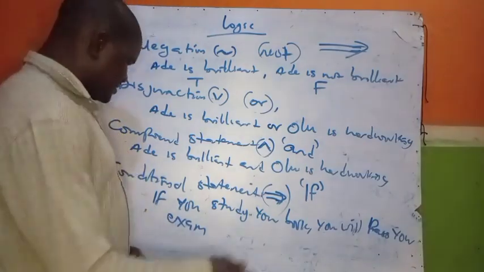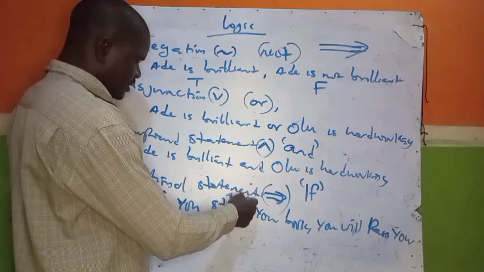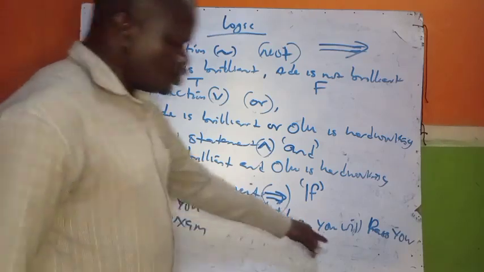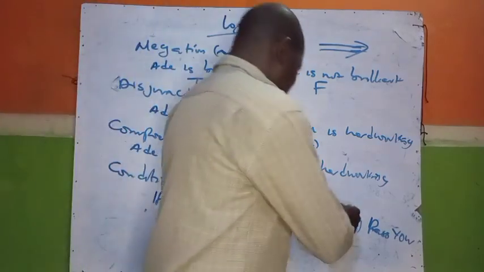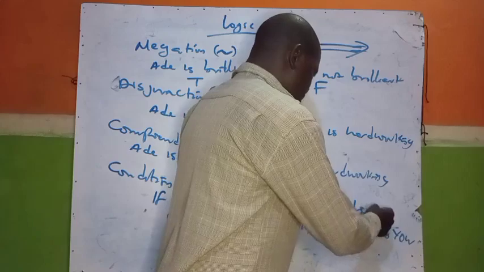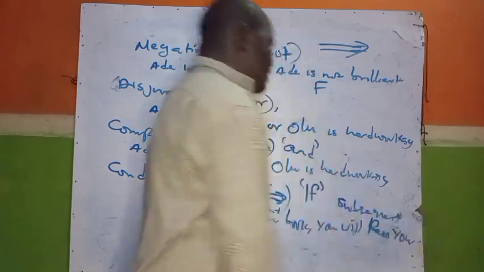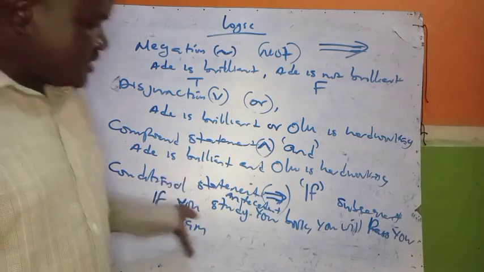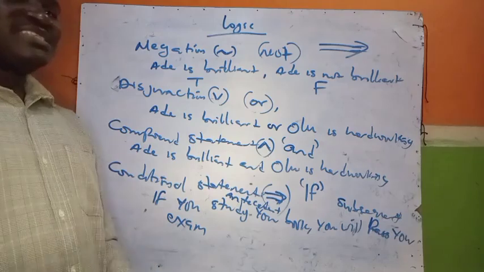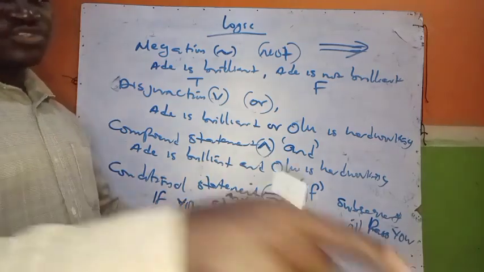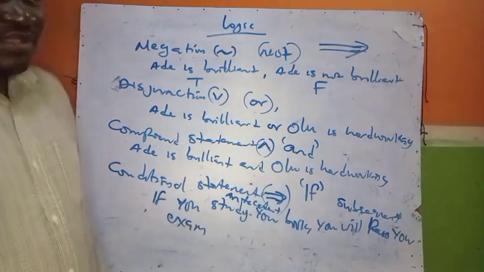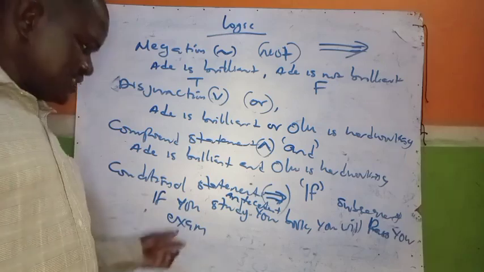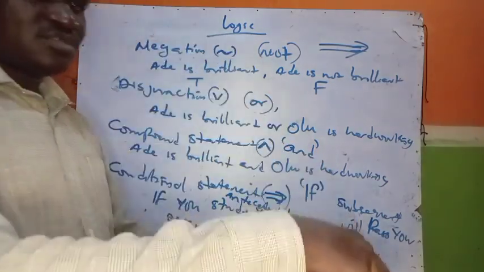Here is the antecedent, and "you will pass" is the subsequent. This statement will only be false if the antecedent is true and the subsequent is false. You understand what I'm saying? You study hard, you fail.